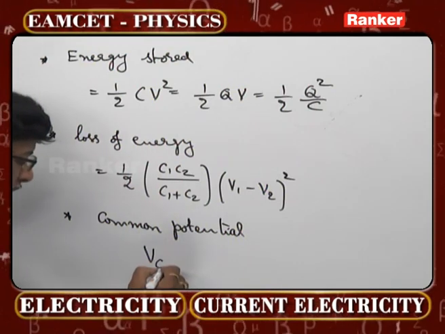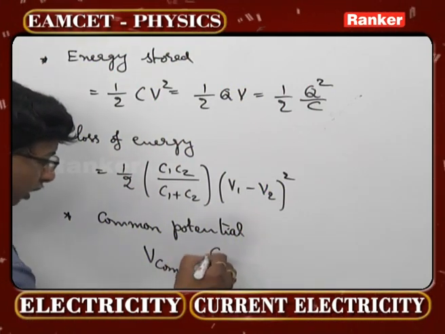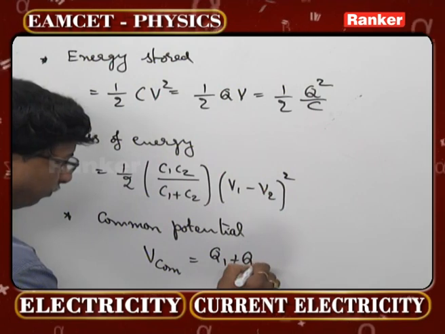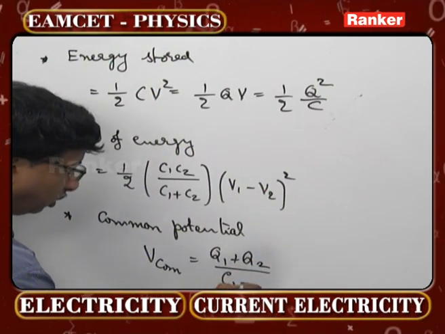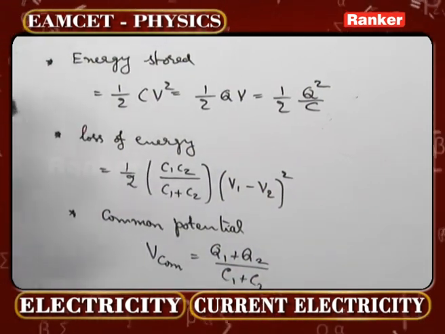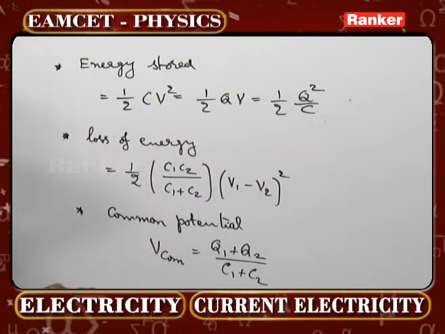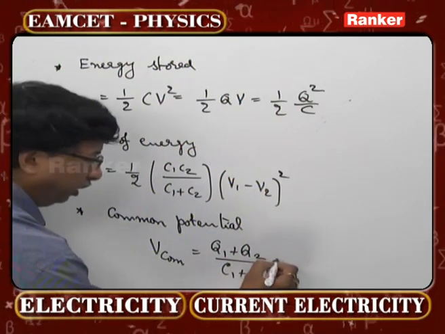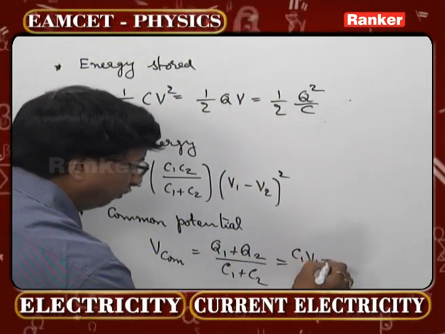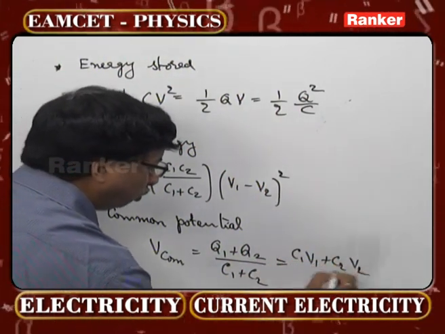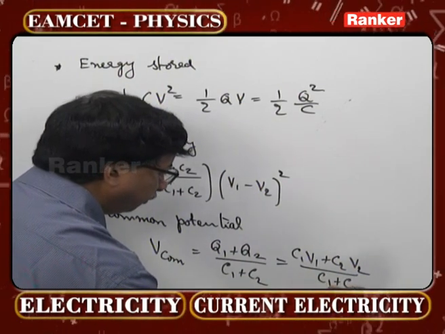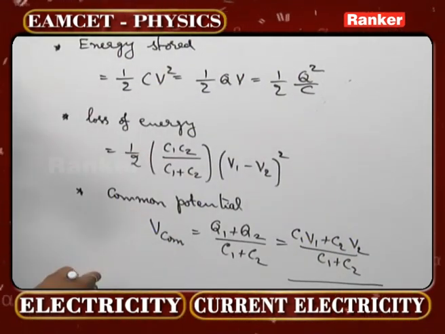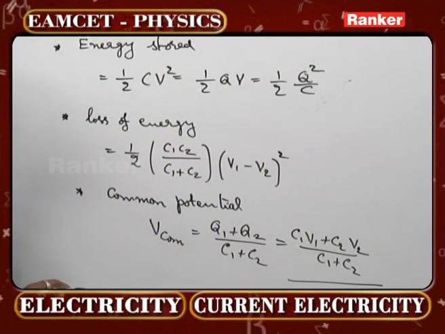Common potential we write this way: total charge divided by total capacity. In fact, V is equal to Q by C. Q1 plus Q2 by C1 plus C2. In other words, C1 V1 plus C2 V2 by C1 plus C2. This is the formula for common potential one can remember.